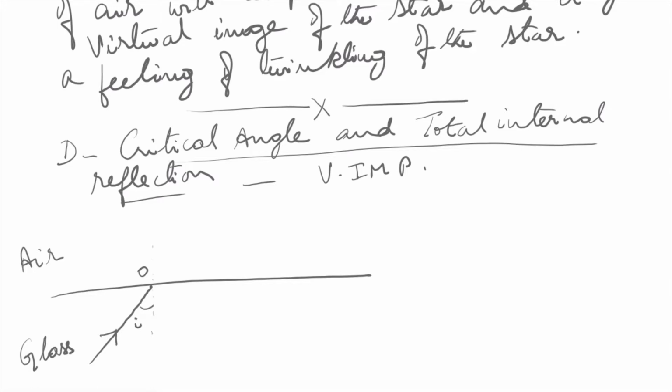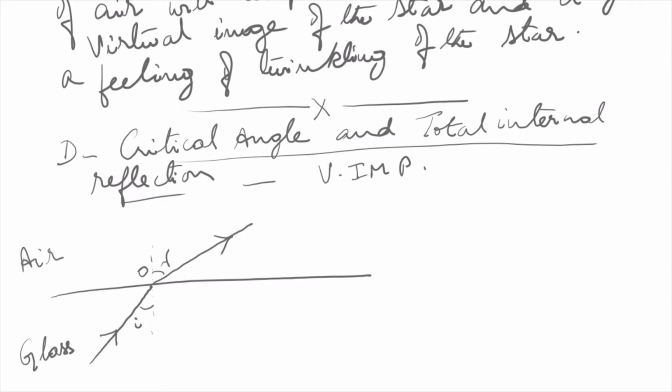Since it is traveling from denser to rarer, it will bend away from the normal, and this is the angle of refraction R. This is already known to you. Very good, no problem in this.